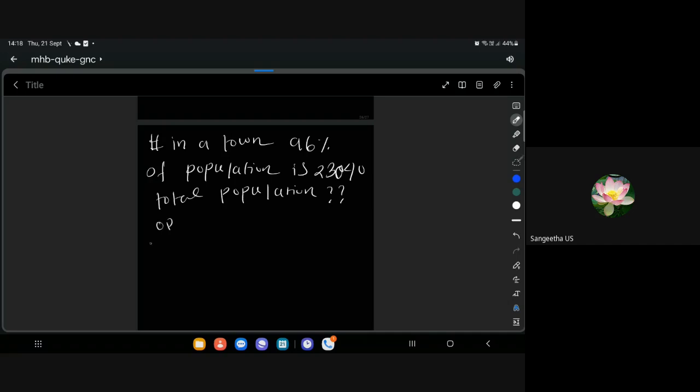What is the total population? You have to find the total population. Options: 32K, 24K, 50K, and 40K. In a town, 96% of total population is 23,040. What is the answer?